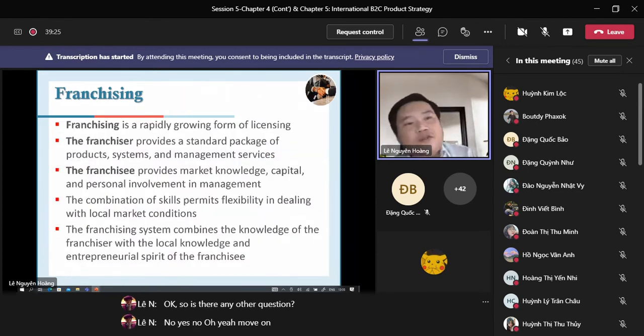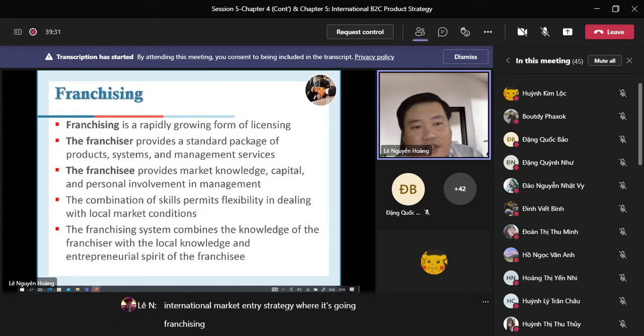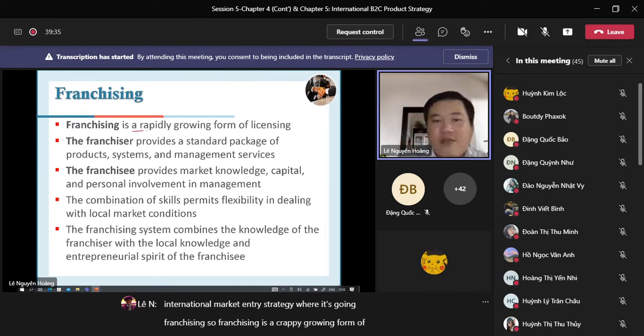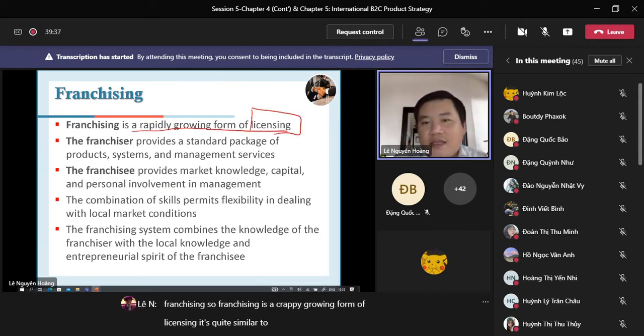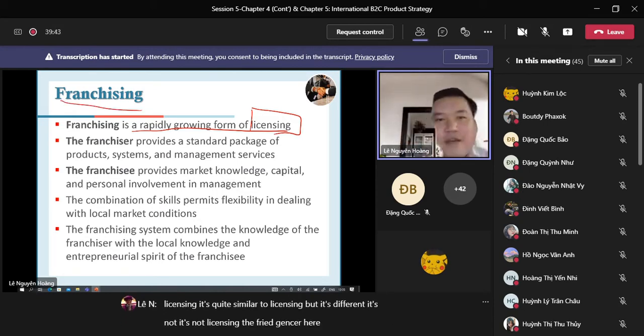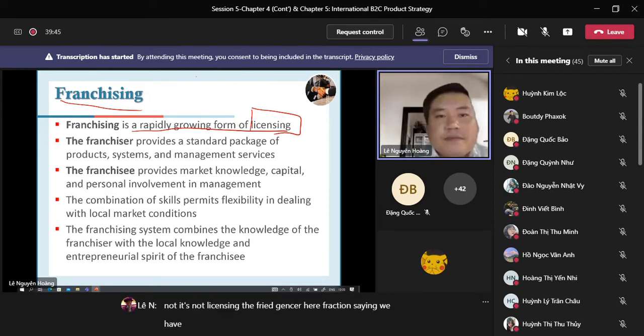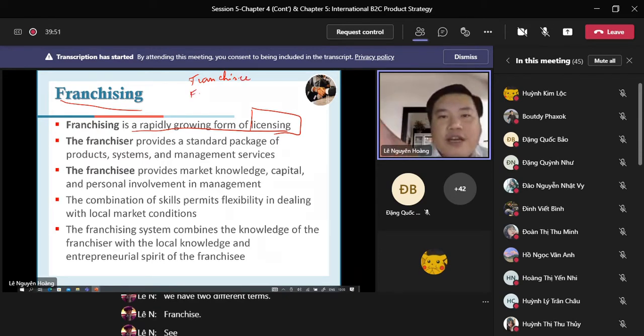Now we move to another international market entry strategy, which is called franchising. Franchising is a rapidly growing form of licensing. It's quite similar to licensing, but it's different. Here in franchising, we have two different terms: franchisee and franchisor.